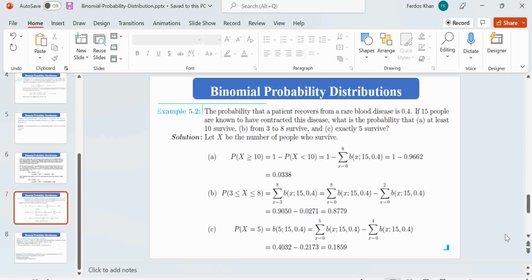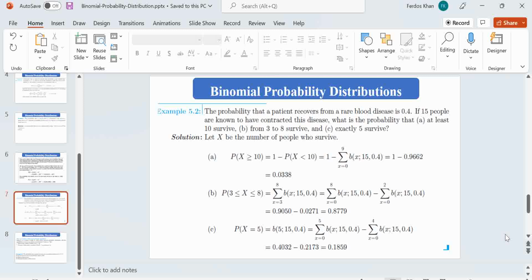Okay, so now this problem is interesting because there are 5 possibilities. I would like to explain this on the slide. As you know, you already understand how we can solve different problems. The probability that a patient recovers from a rare blood disease is 0.4. This means that recovery from the disease is success for us.